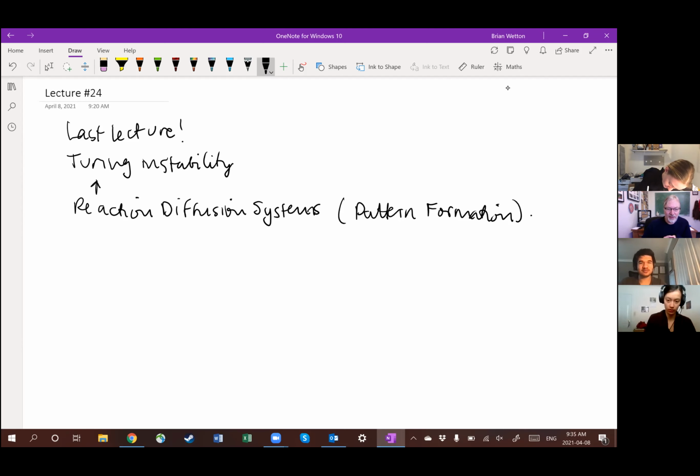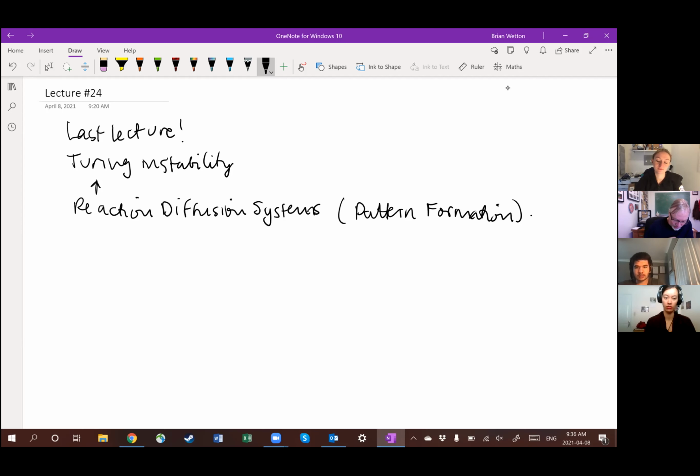To be honest, the pattern formation in this 1D example is not so exciting. But if you look online, you can search reaction diffusion systems pattern formation, and you can see all kinds of funky 2D patterns that can come out of these kinds of systems. I'm just going to talk about a 1D, linearized one, so you can see how the patterns form with a preferred length scale, and then I'll leave it to you to look at the pretty pictures online if you like.